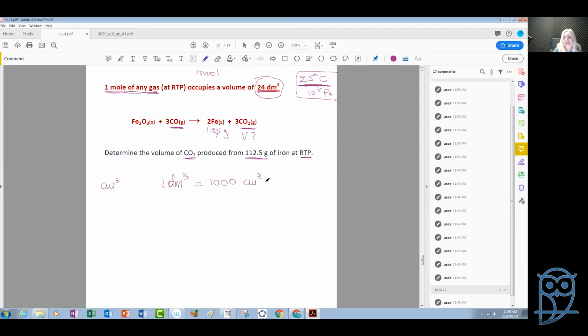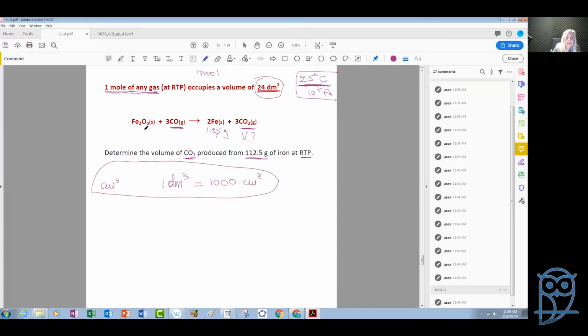So if they give us a volume in cubic centimeters, we simply convert it to cubic decimeters by dividing the value by 1,000. We'll see this many times from now on, very often when we talk about concentration of solutions, which is the next topic.